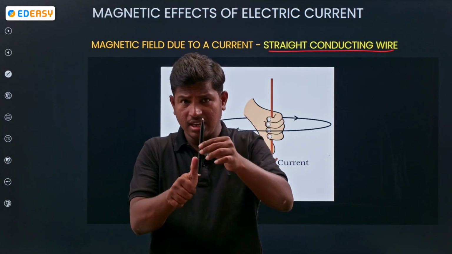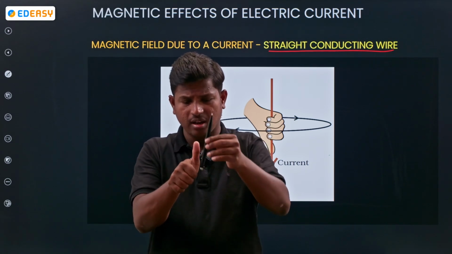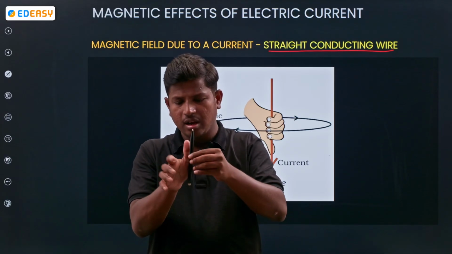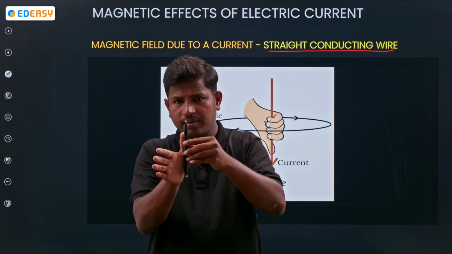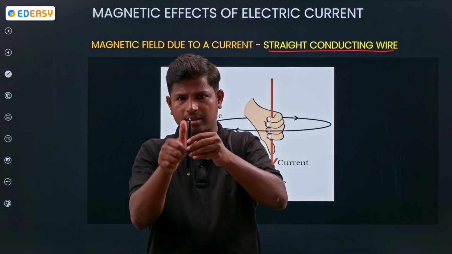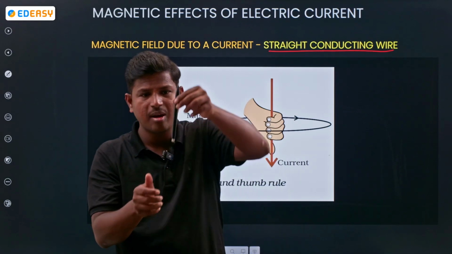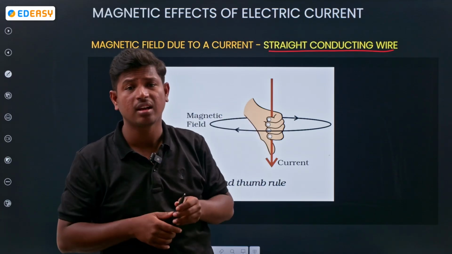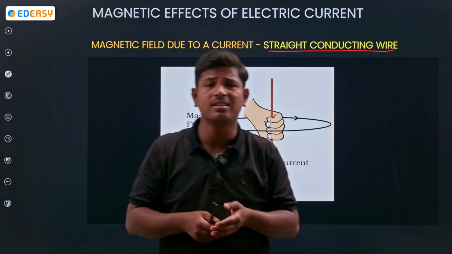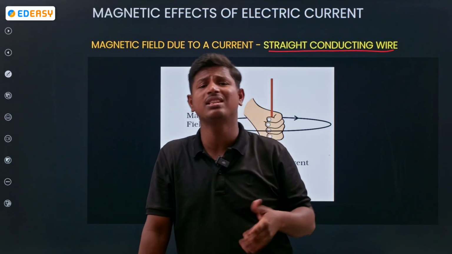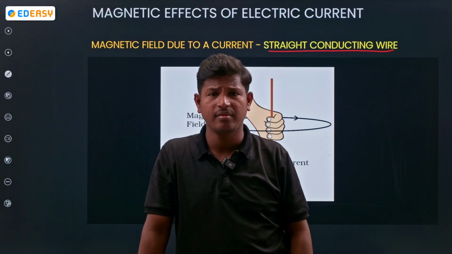If current is represented by my thumb, and the curl fingers are, see, current is going in the upward direction, right? So how can we represent the two fields at a time, if an electric field is there and a magnetic field is there?